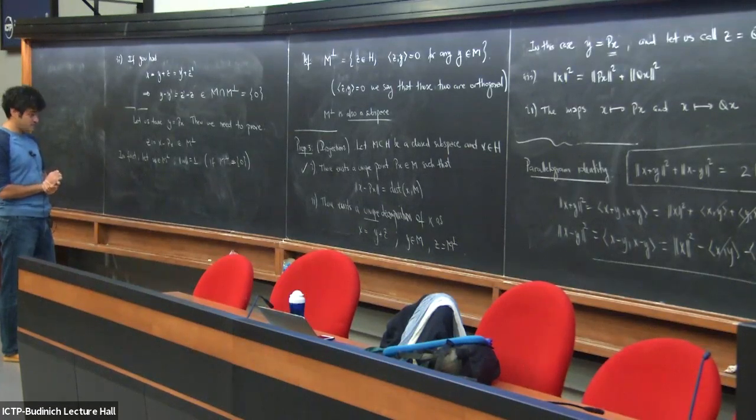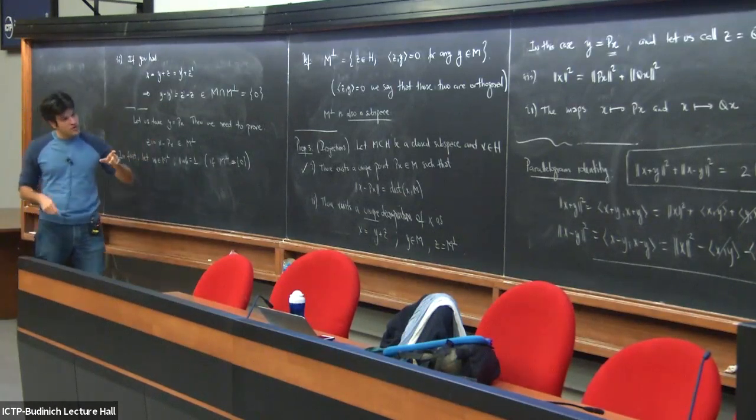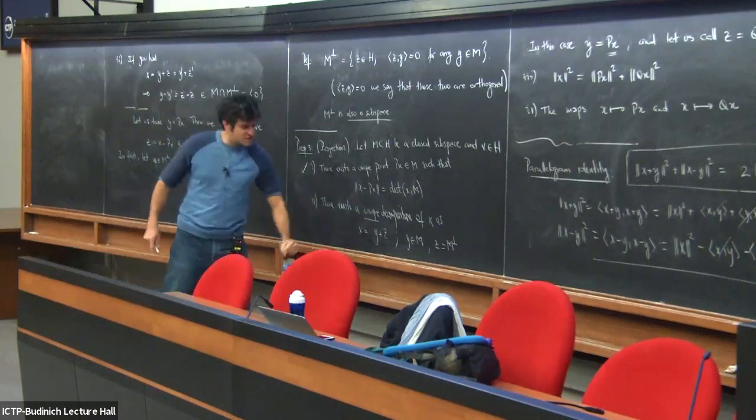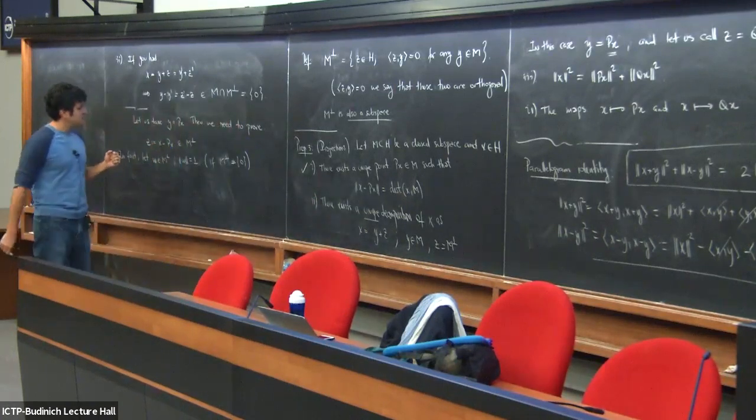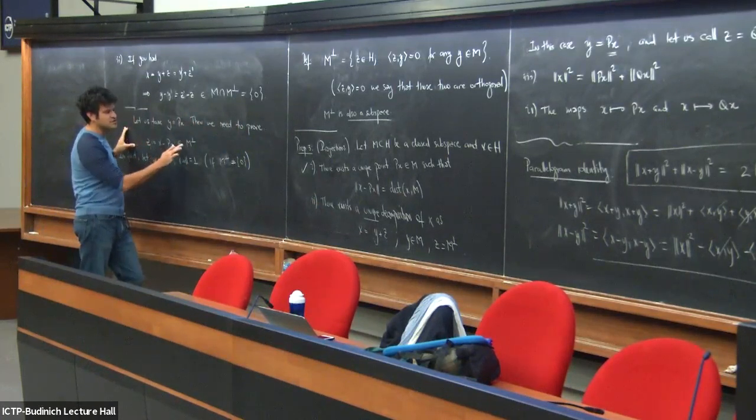Oh, I'm sorry. Let me take a step back. So I am going to take this Y being the projection of X. That's fine. And I'm going to define Z equals X minus P of X. And I want to show that this guy is in M perp.